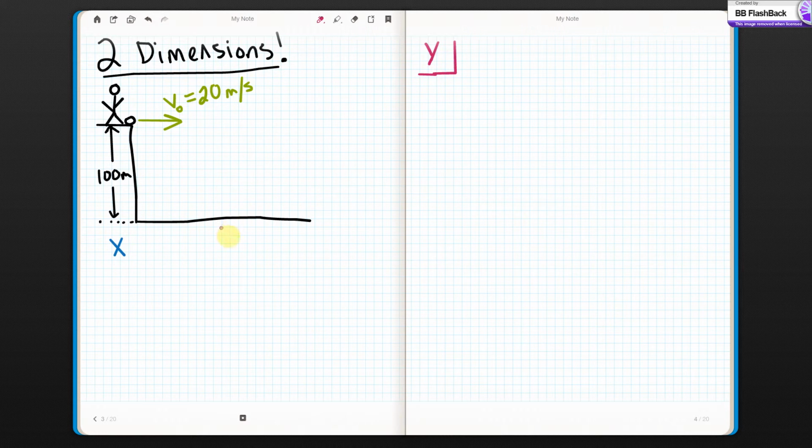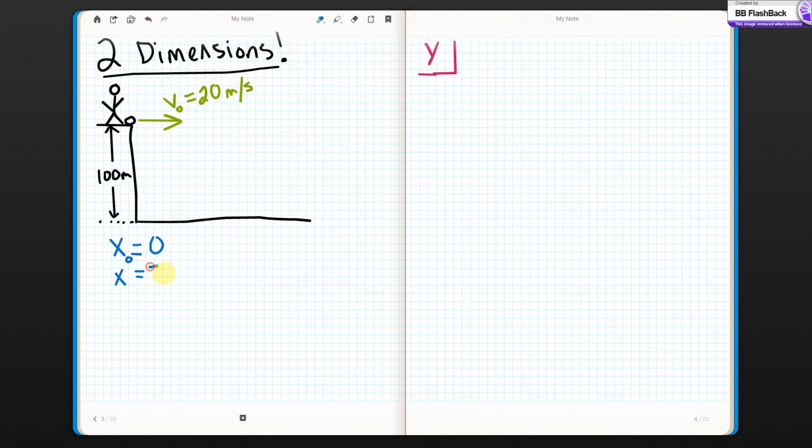So basically, if I want to know how far it goes, that's going to be x. X is going to tell me how far in this direction it goes, how far until it hits the ground. So I know that I'm starting at 0.